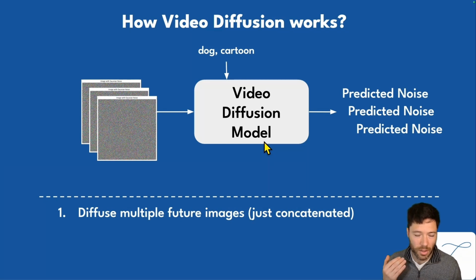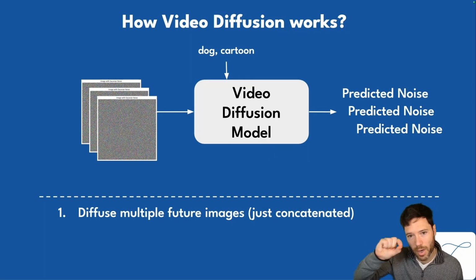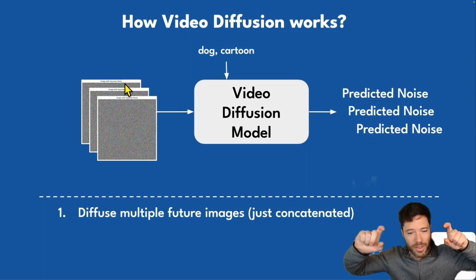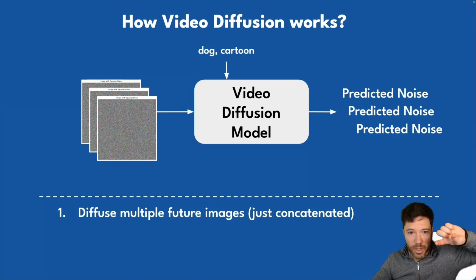You simply parallelize, so you have multiple frames being predicted, which requires you to pass in multiple noisy latents or multiple noisy images in the input. In practice, this means really doing the same thing as the image model, except you concatenate the matrices. So your input is now not just an input for one 2x2 grid of noise.